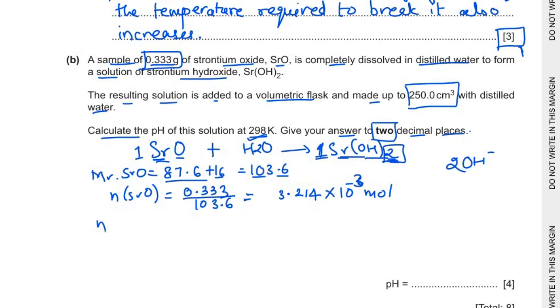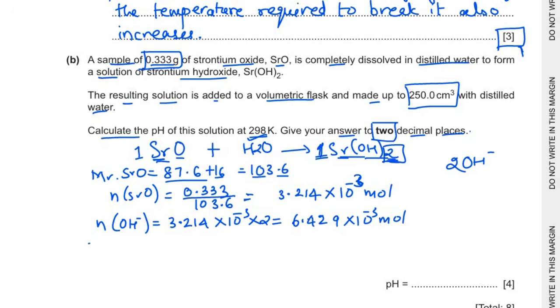So to find the moles of hydroxide ions, we multiply the moles of strontium hydroxide by 2, and we get 6.429 into 10 power minus 3 moles.